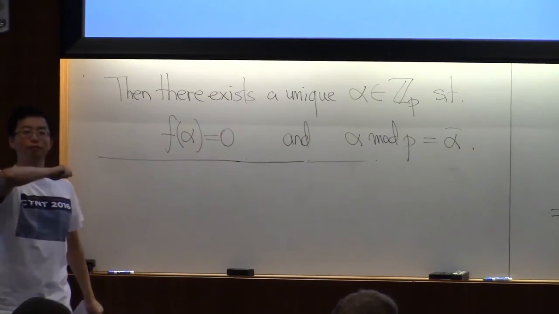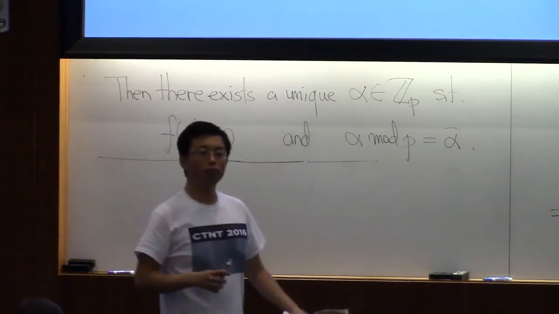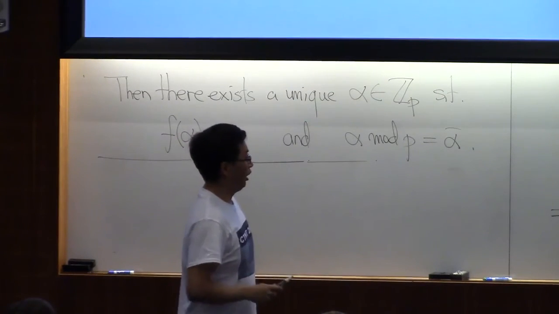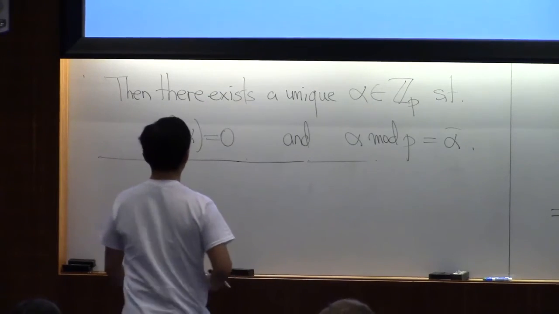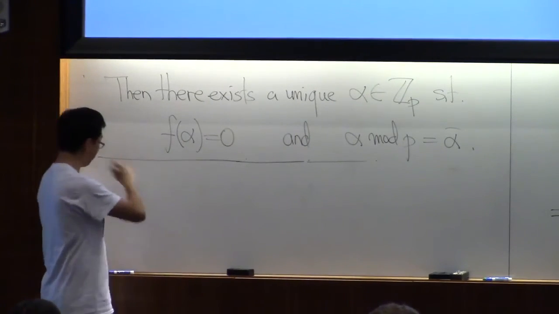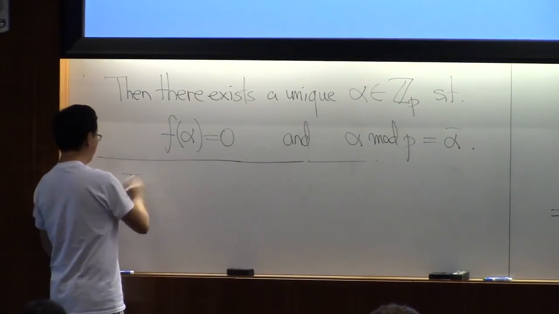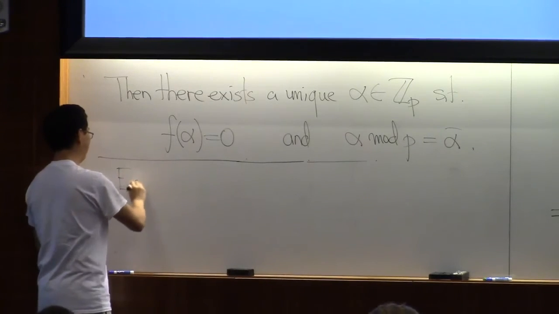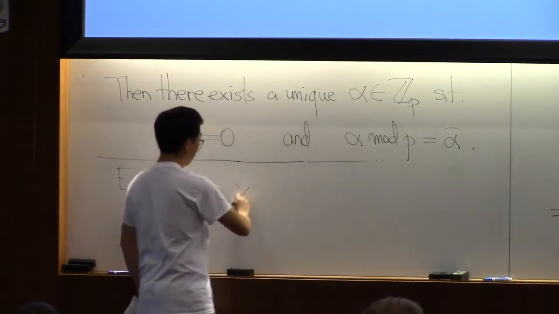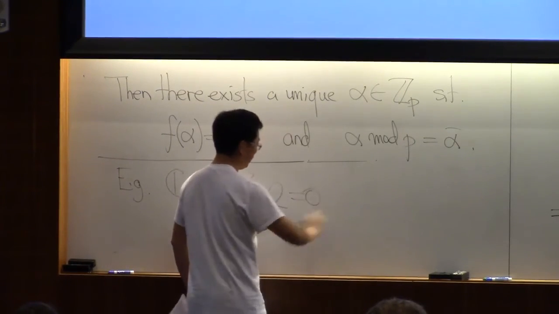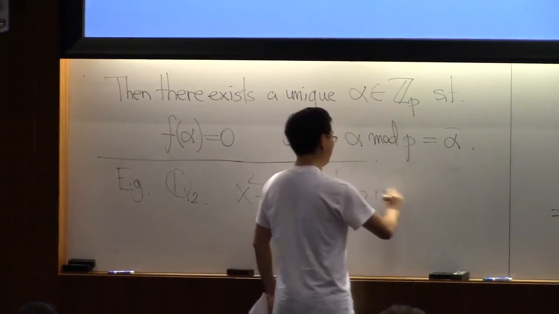Yes. Why does it matter that alpha bar is a simple zero? Because it's not true if it's not a simple zero. For example, for Q2, we want to solve x squared minus 2 equals 0. This has no solution.